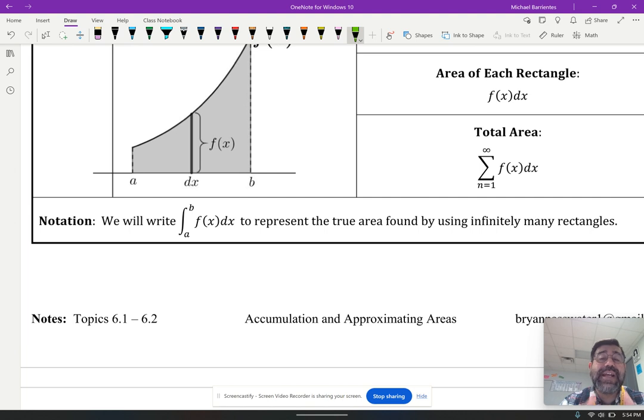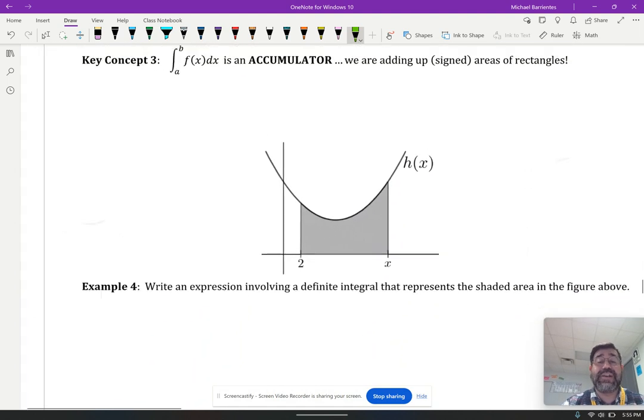When you think of that idea, that should link you to something that we've done in this course in the fall semester. An idea that tracks the behavior of what happens as my dx, my delta x, gets smaller and smaller and smaller as it approaches 0. That should give you a clue of the next big concept that's going to join with this idea to get us the actual area under the curve.